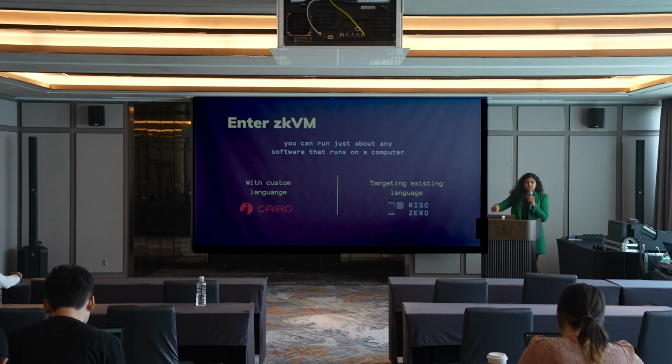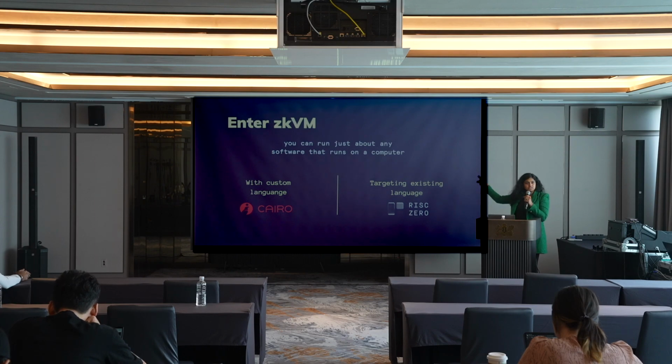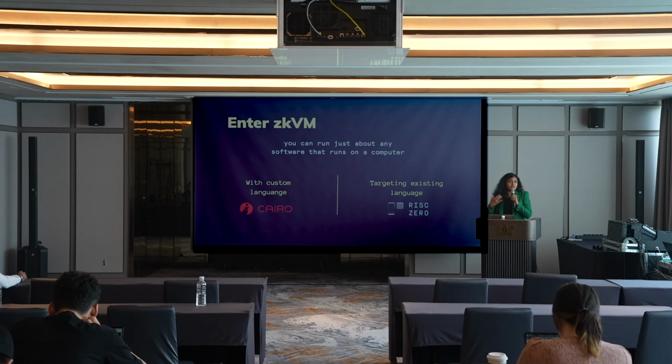Any software that can be run on this laptop, on your phone, you can run that software in the zkVM and generate a zero-knowledge proof. And so it just broadens the application space and uses zkP for very general purpose use cases.